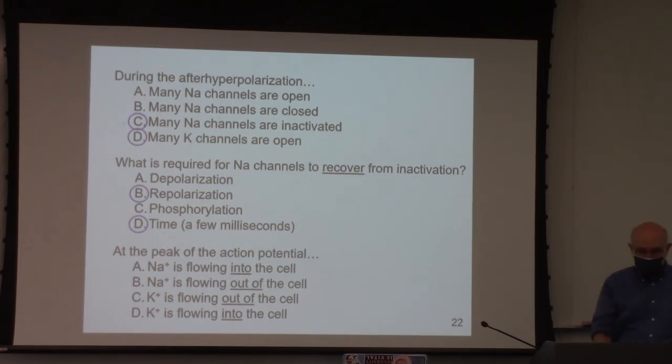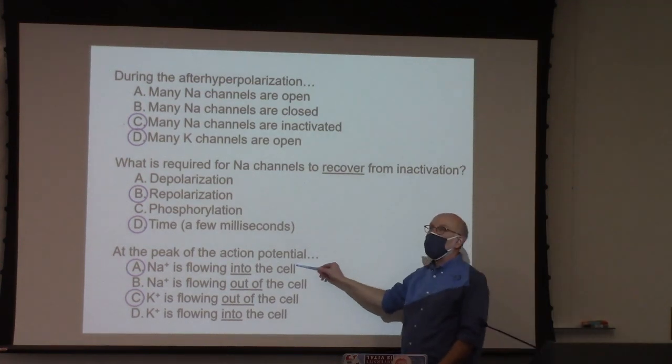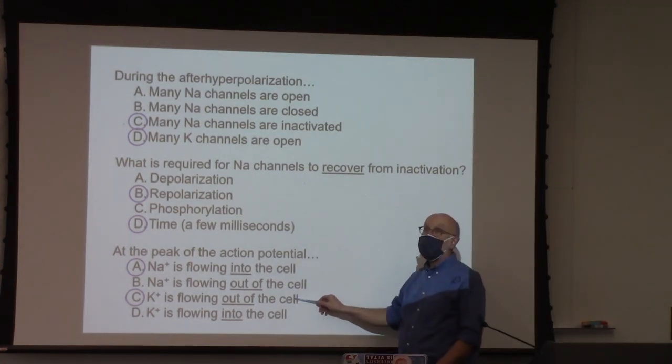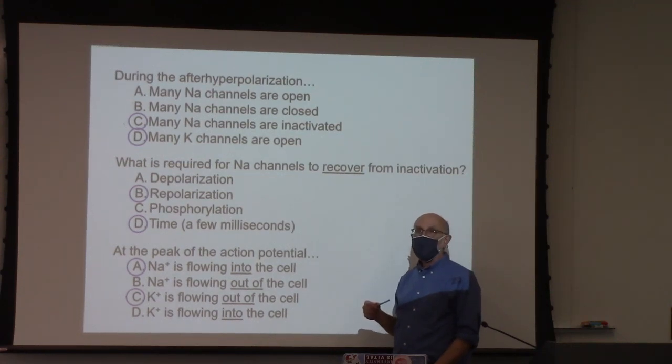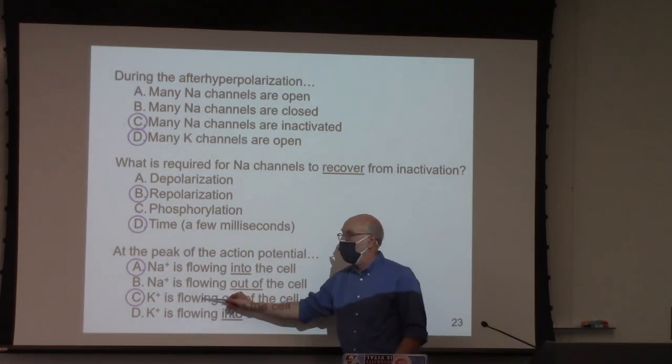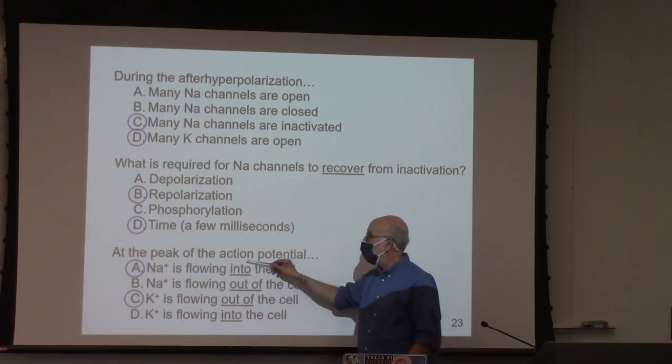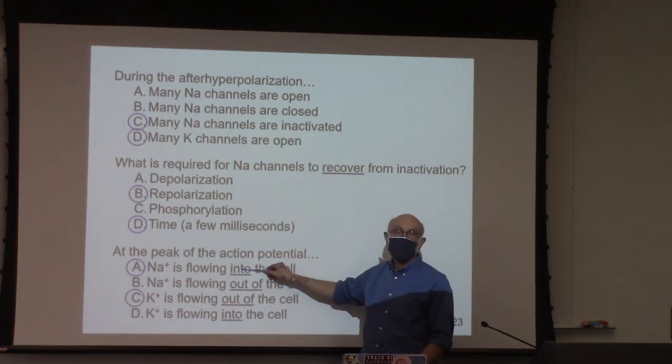Okay, I'm seeing a lot of fully correct answers. A and C. Sodium is flowing in, that's what causes the depolarization, and potassium is flowing out. That is negating the depolarization, and eventually this is going to win as the sodium channels are inactivated.